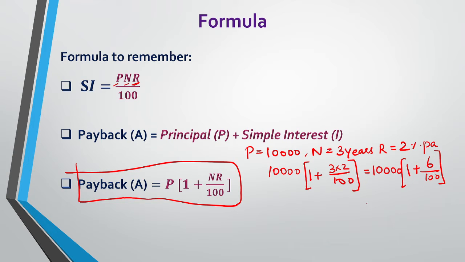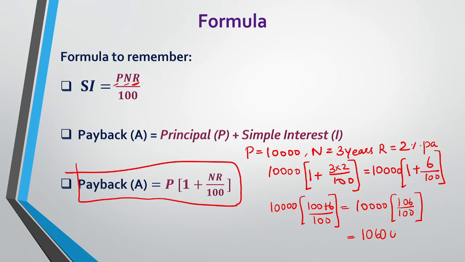So now we're going to take the LCM, which is equal to 10,000 into 1 into 100 is 100 plus 6 divided by 100, and then when you add 100 plus 6 you get 106. So 10,000 multiplied by 106 divided by 100. So when you solve it, you get 10,600, which is 10,600.